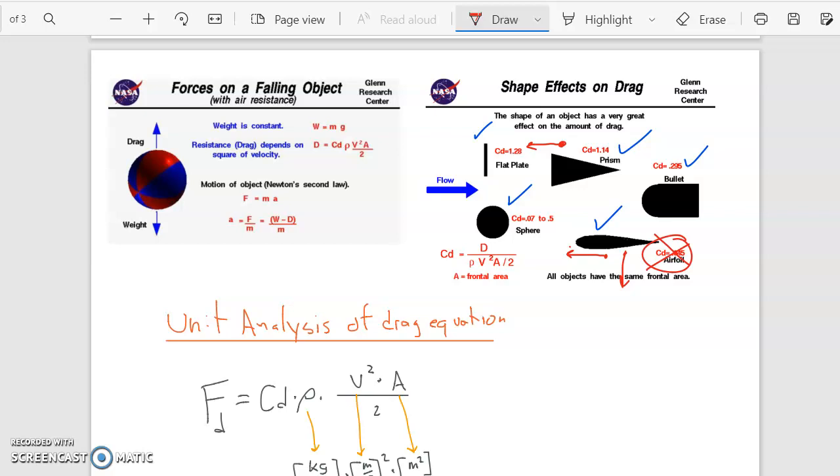Also notice in the equation that the amount of drag on an object is dependent on the square of the velocity. So every time our velocity changes, the amount of drag changes as well. To truly solve this, you need to apply concepts of calculus, and being an algebra-based class, that's not going to happen in this class.